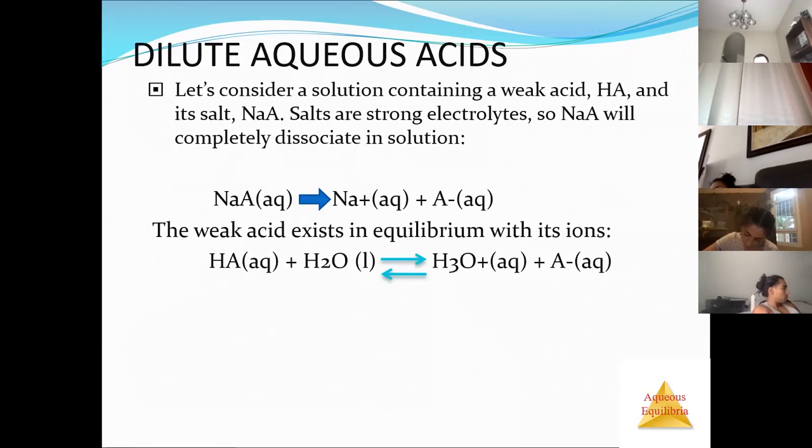So it's going to eat up any H3O plus. On the other hand, if I add the weak acid, because I have a strong H3O plus and because I have A minus, it pushes the reaction back in the opposite direction. So it forces the reaction to keep its H3O plus under control.